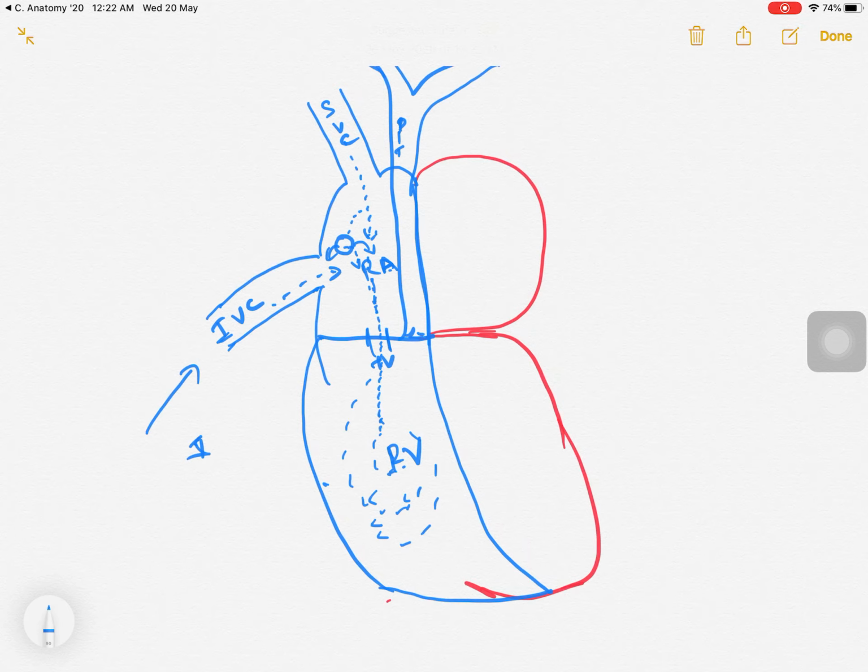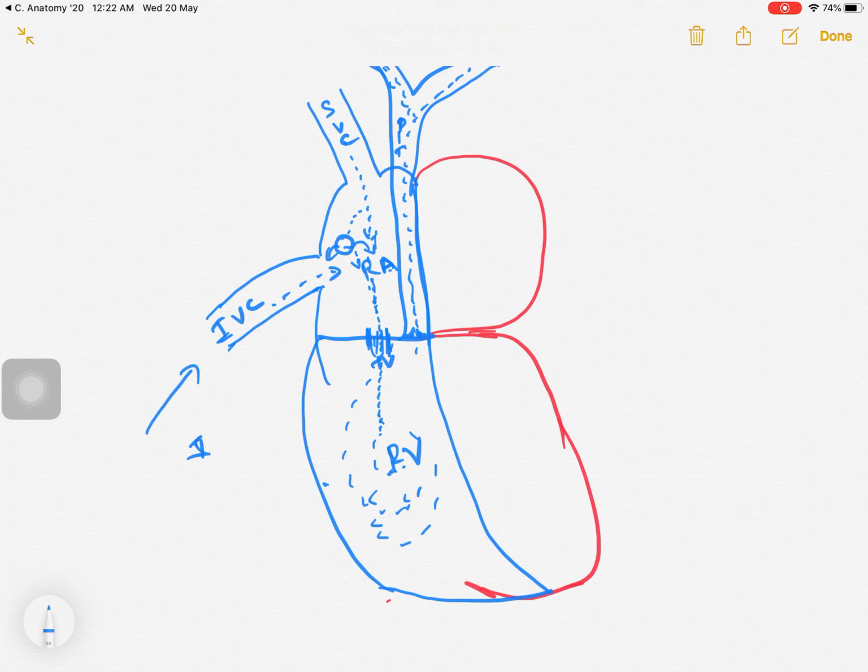There is a valve here called the semilunar valve or the pulmonary valve. Once the atrium contracts, this tricuspid valve will open and send the blood to the right ventricle. When the right ventricle contracts, the tricuspid valve will close and the pulmonary valve will open, and through this the blood will go directly to the lung for oxygenation.